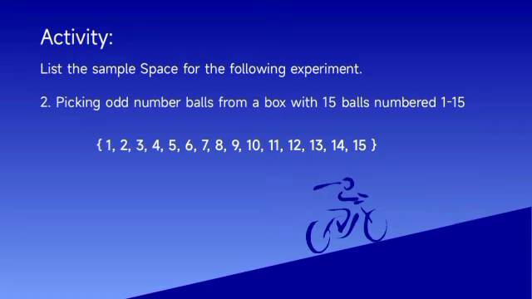Remember the question. We are only getting the odd number balls. Therefore, we get 1, 3, 5, 7, 9, 11, 13, 15. So, this is the sample space of getting odd number balls in a box.